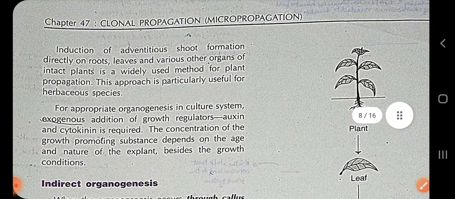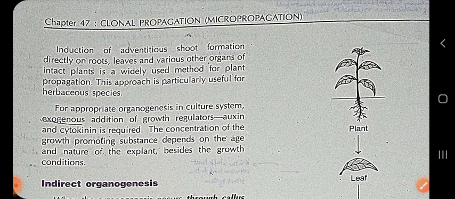Induction of adventitious shoot formation directly on roots, leaves, and various other organs of intact plants is a widely used method for plant propagation. This approach is particularly useful for herbaceous plants. So directly here, without undergoing any callus stage formation, the adventitious organs are developed from the explant.